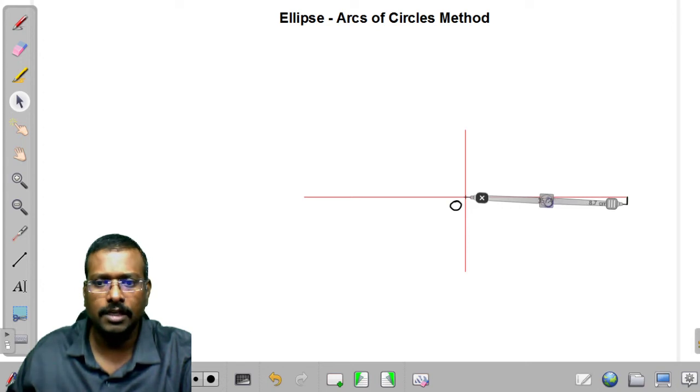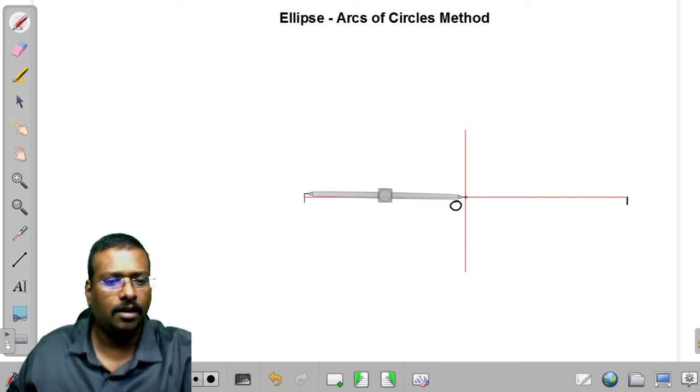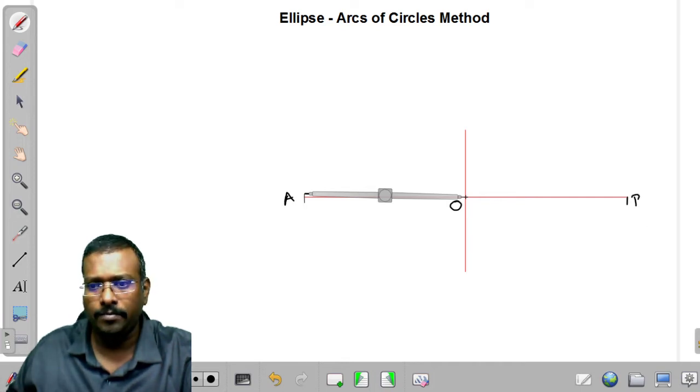This is one side and this will be the other side. Assume them as A, B. These are the major axis points, which we consider as AB.